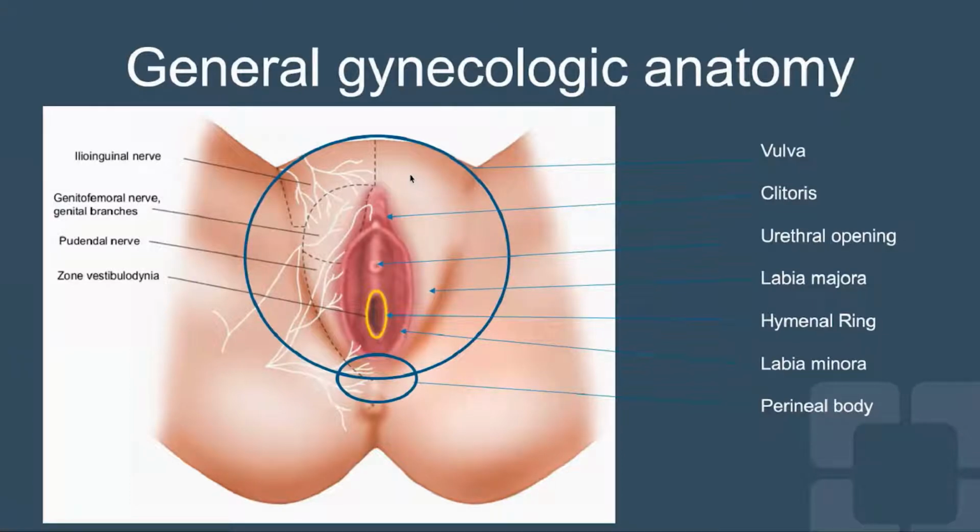So the vulva is generally bounded by the inner aspects of the thigh as well as the mons pubis. Up at the top, the clitoris being at the 12 o'clock position, directly below is the urethral opening, and below this, the hymenal ring.